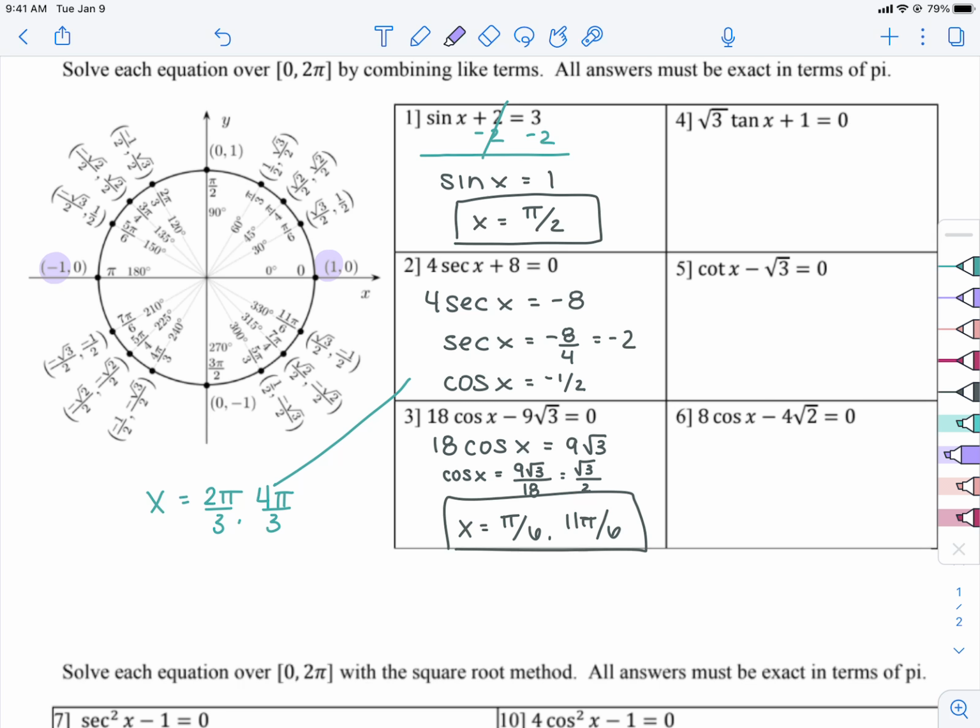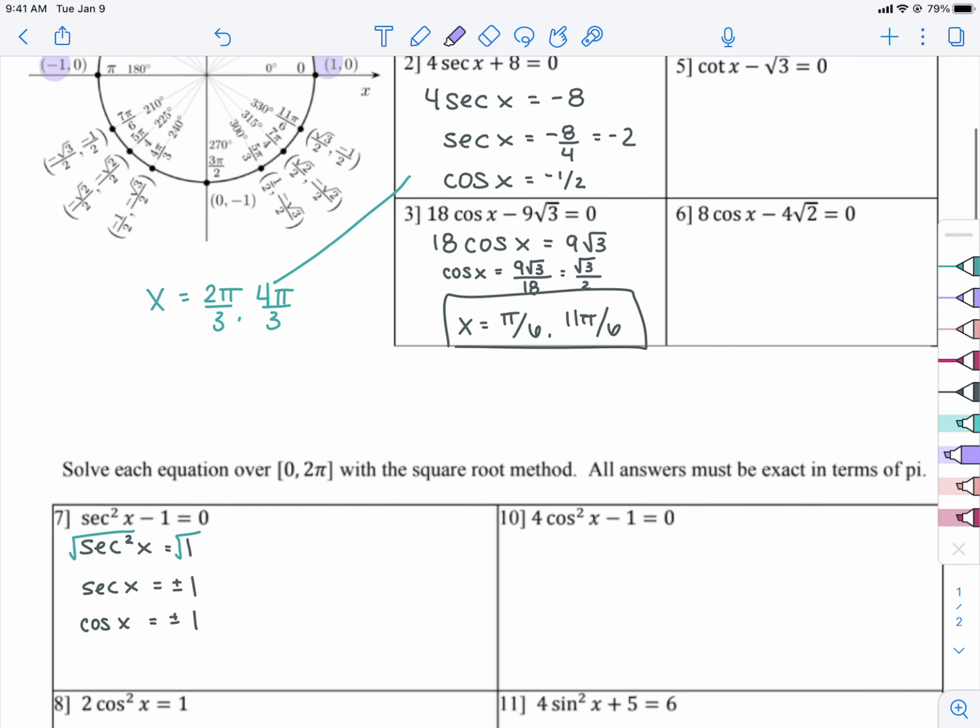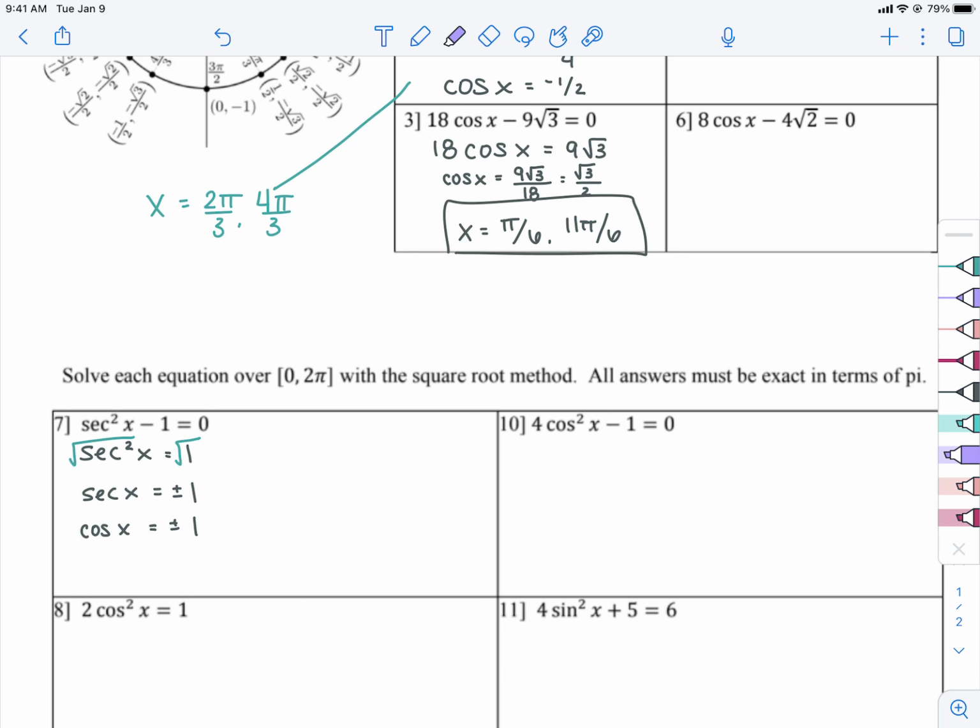We also know 0 is the same thing as 2 pi. So technically, anytime we write down 0 as an answer, we should also write down 2 pi as an answer. So that means if we're looking at number 7, x is going to equal 0, pi, and 2 pi.